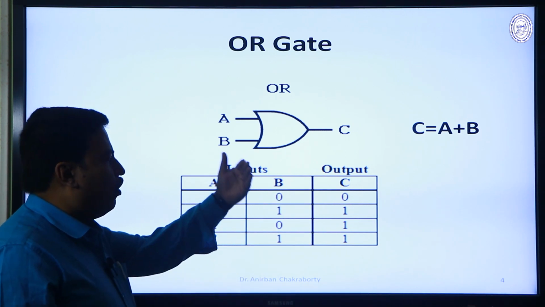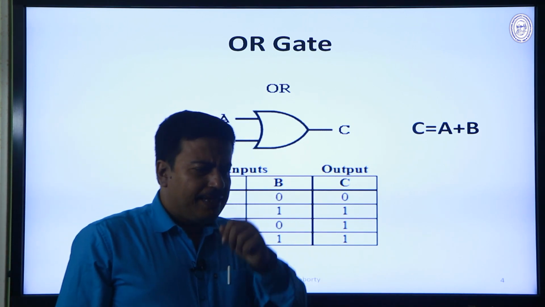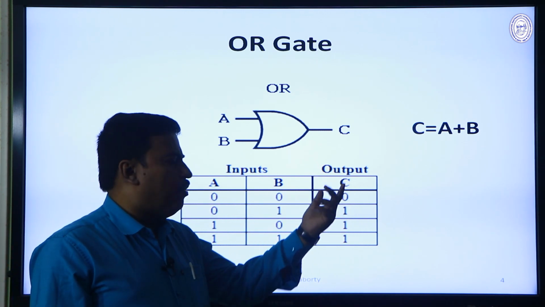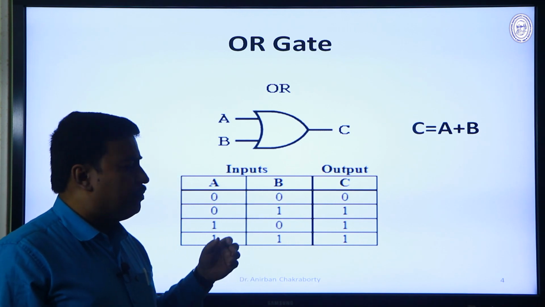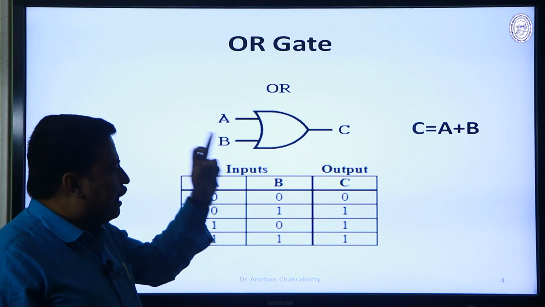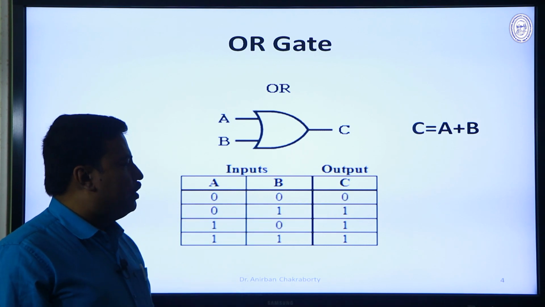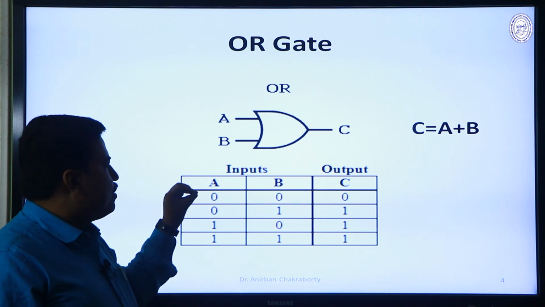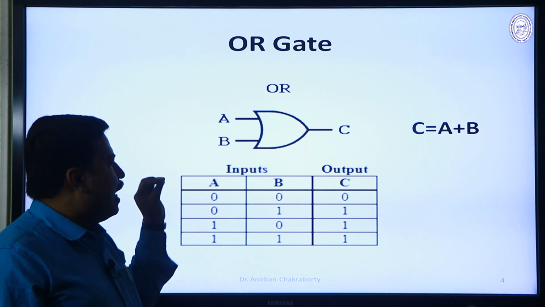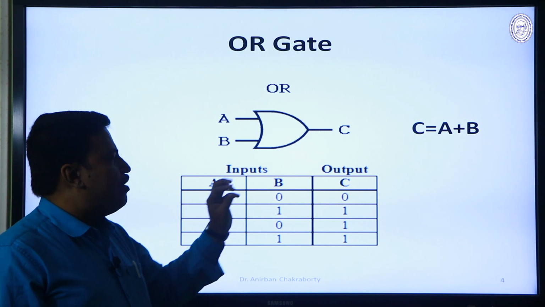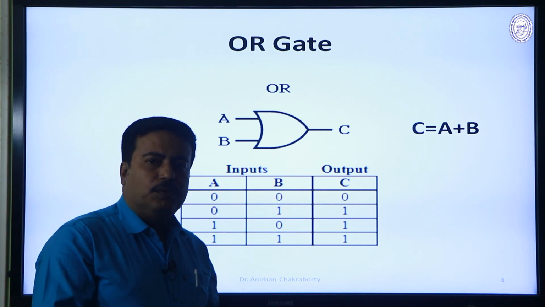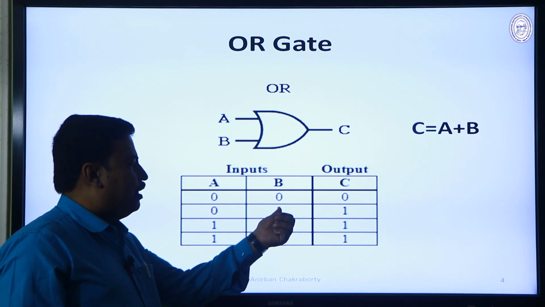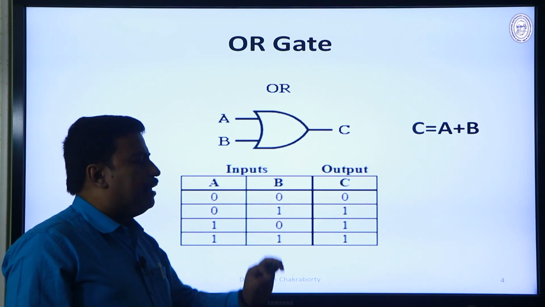So what is the logic of its operation? The output may be either 0 or 1, because it works on the basis of the Boolean concept. The output goes to 0 only when all the inputs are at logic level 0. And if any one of the inputs is 1, the output becomes 1.